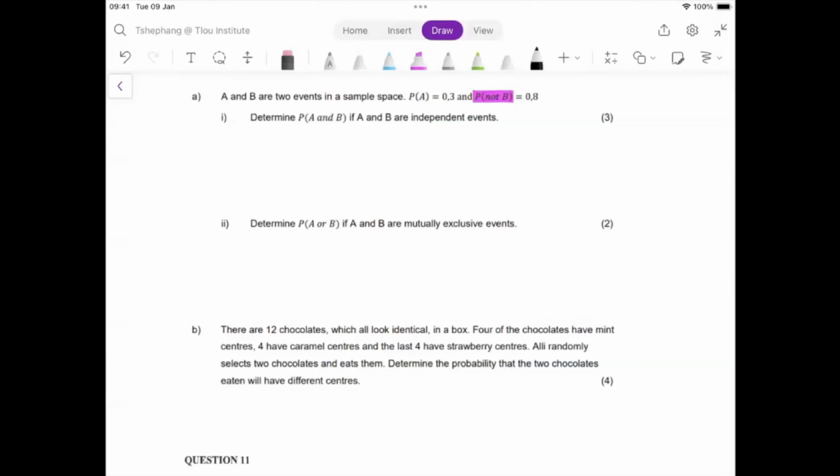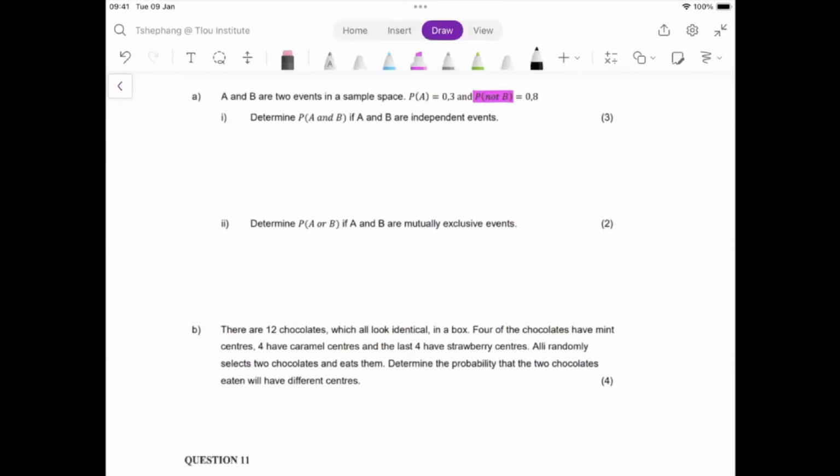So I want us to look at A. They're saying A and B are 2 events in a sample space. The probability of A is equal to 0.3 and the probability of not B is equal to 0.8. Now they say determine the probability of A and B if A and B are independent events.